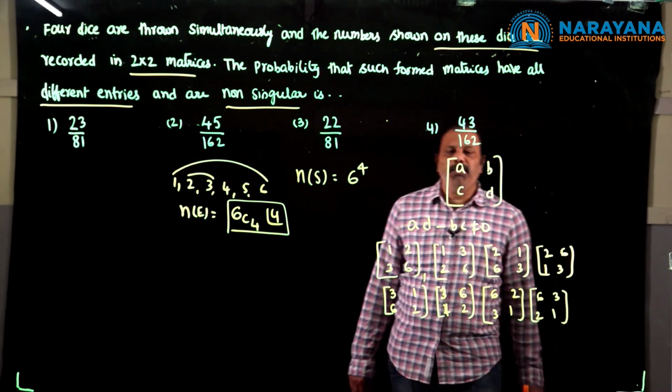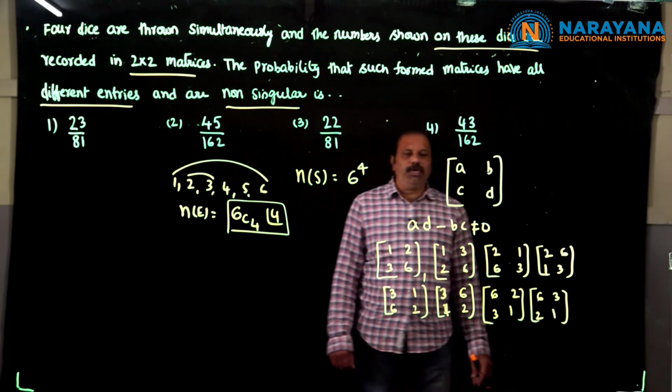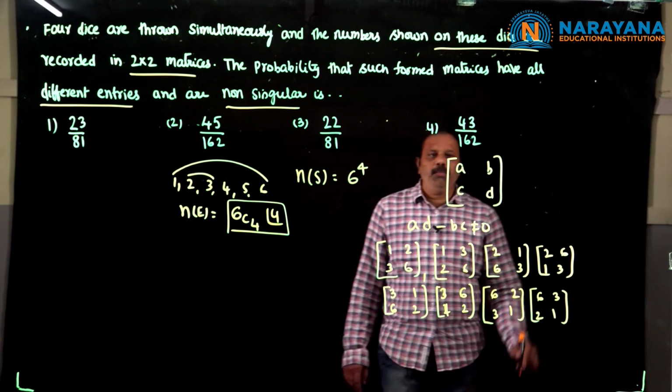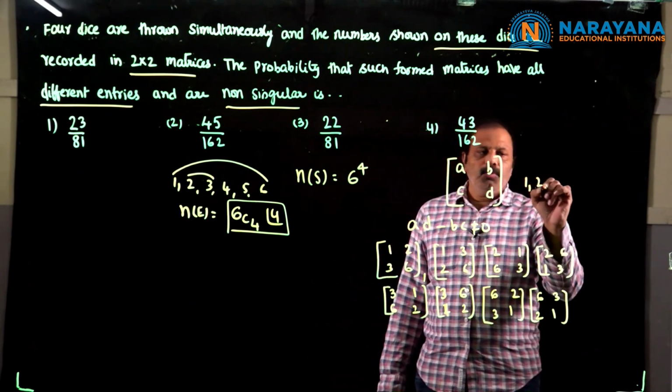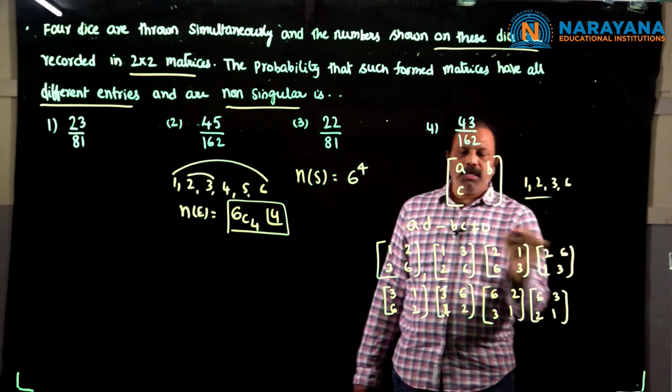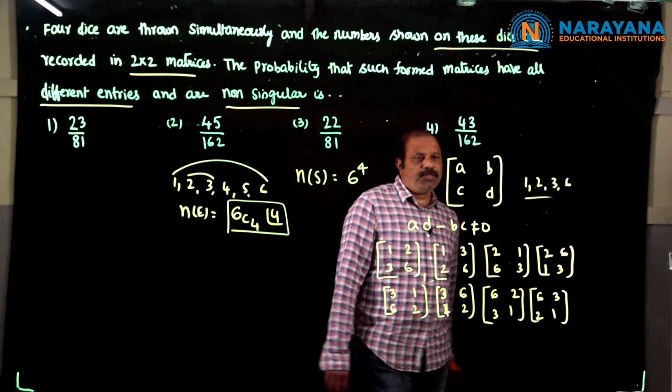So, totally there will be 8 possibilities we are getting by using the elements 1, 2, 3, 6. These are the 8 possible singular matrices.